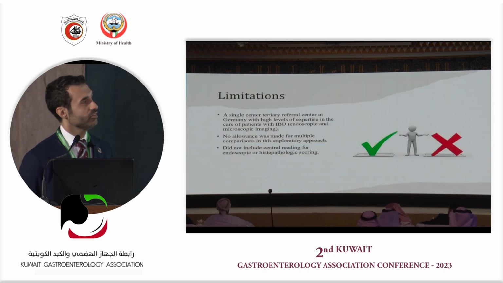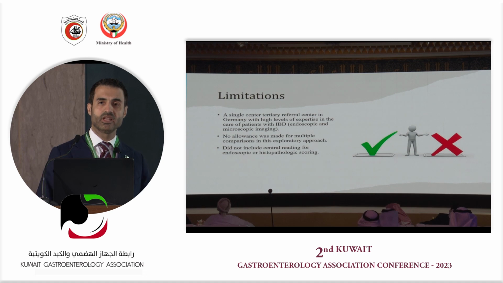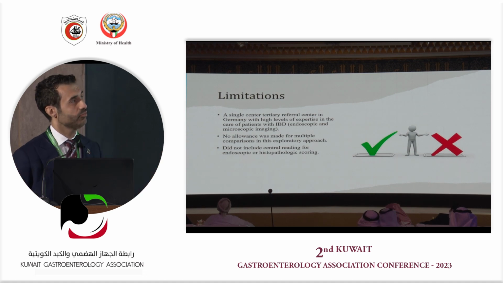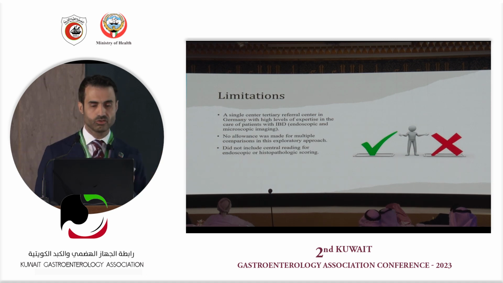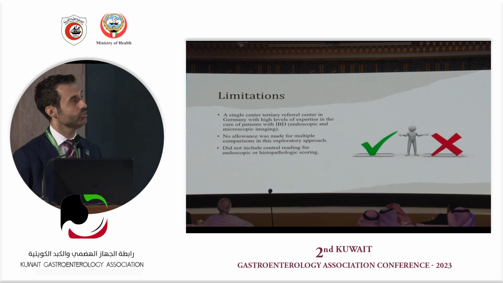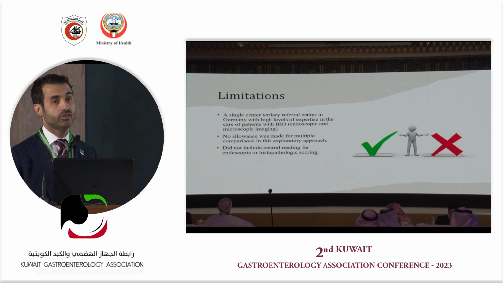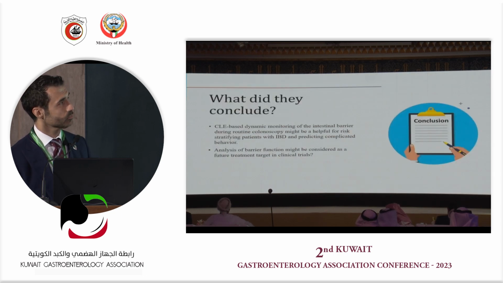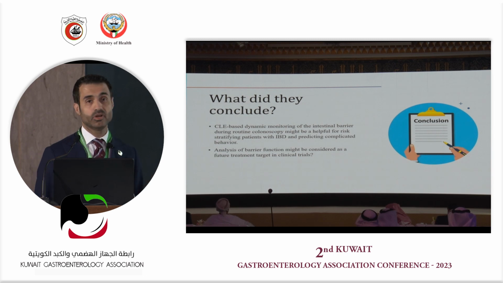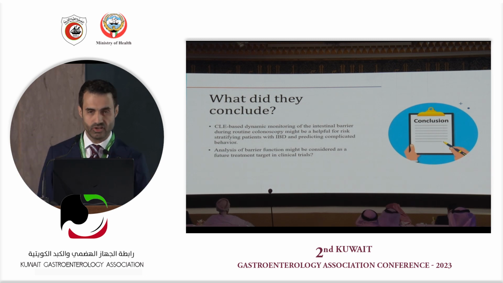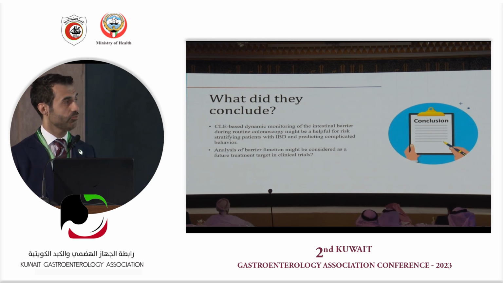The problem with this study is that it is a single center in Germany, a very specialized center. They do this kind of dynamic, real-life assessment of function, which is not available everywhere. Different pathologists and different endoscopists were involved, so there was no central reading. So they concluded that endoscopic barrier dysfunction may be a good target in the future.